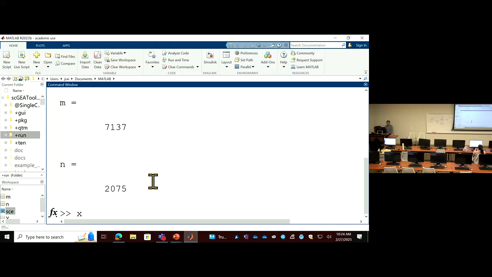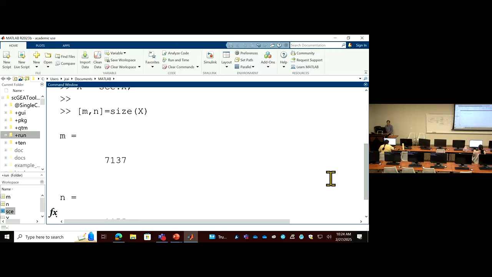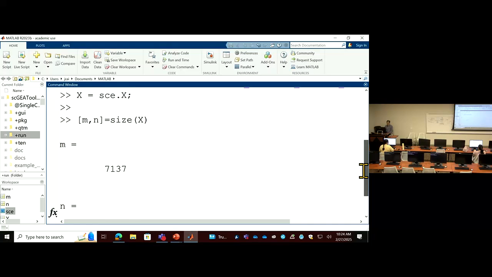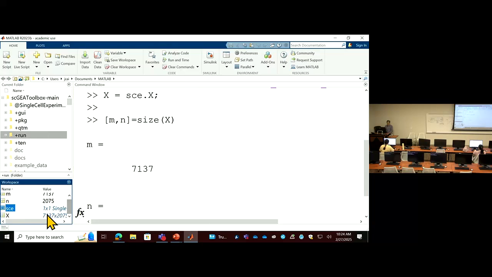Now, we want to get S out, so run MATLAB underscore fit. So this just gets the dimension of X. You don't need this, but you can see it here so you have an idea how big this is.